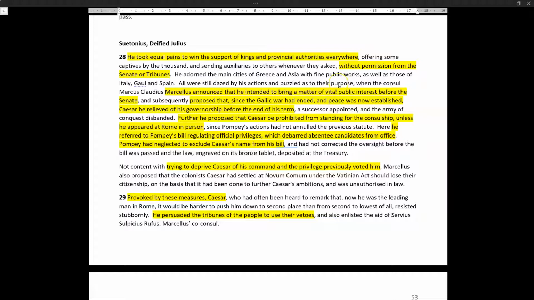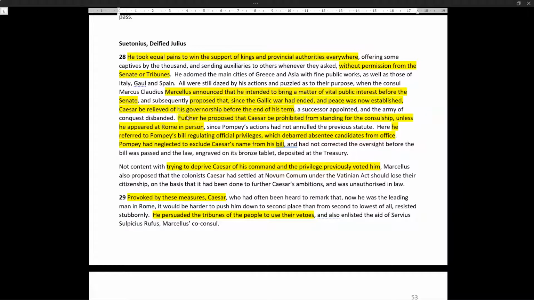And there is still this issue to do with his first consulship, with the Lex Campania and the way it was passed illegally, etc. So we have a consul called Marcellus, who announced he intended to bring a matter of vital public interest before the Senate, and therefore proposed, since the Gallic War had ended, which is what Caesar had been fighting, and peace was now established, that Caesar be relieved of his governorship before the end of his term.